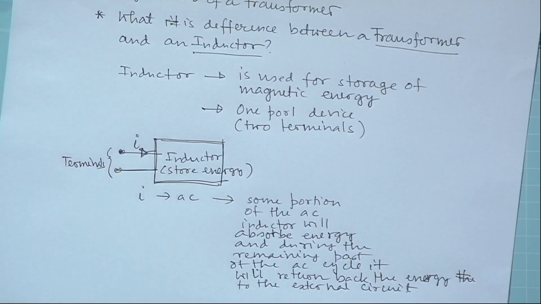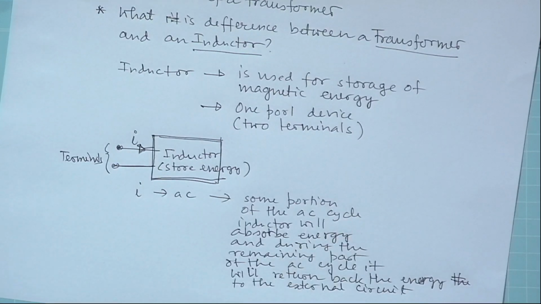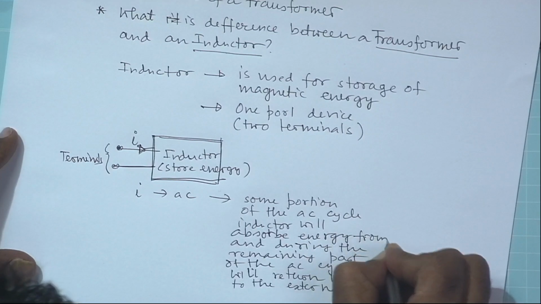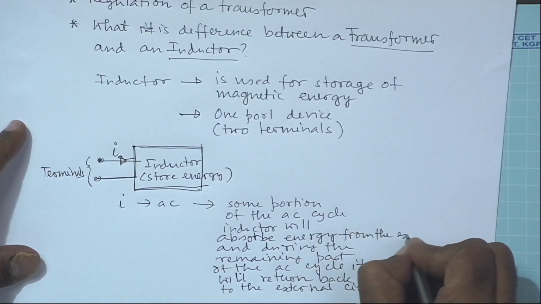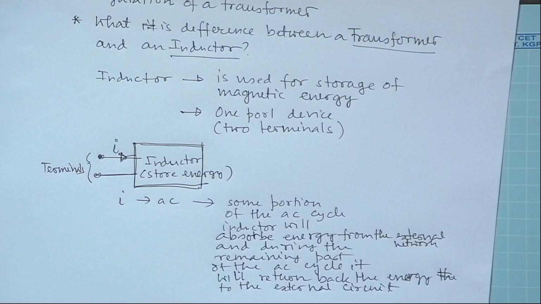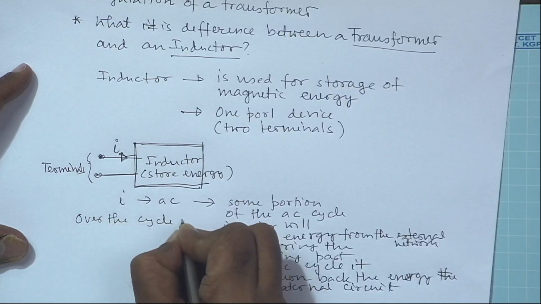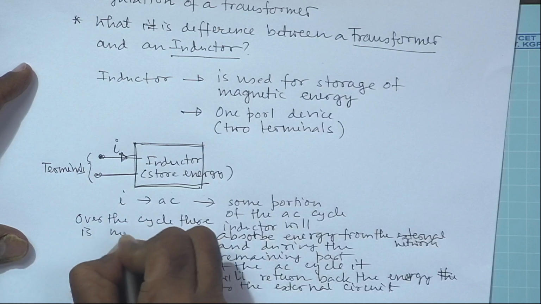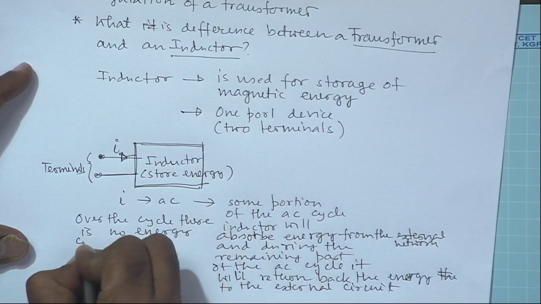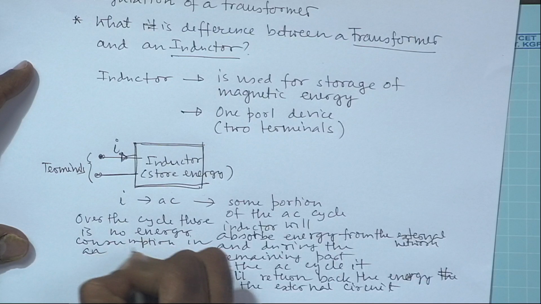So, its method is such that in some portion of the AC cycle, the inductor will absorb energy from the external network, and during the remaining part of the AC cycle it will return the energy, so that overall over the cycle there is no energy consumption in an inductor.